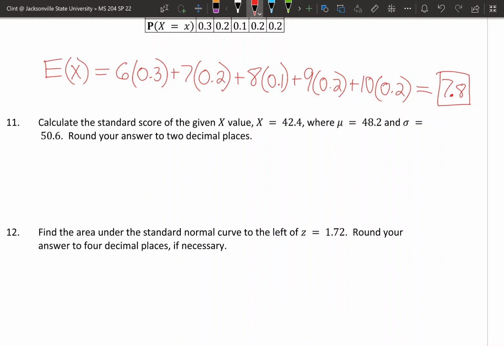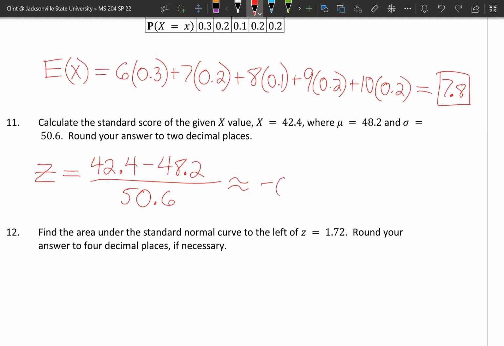Maybe confidence intervals are a little rusty on those. 11 says calculate the standard score, so that's x 42.4 minus mu 48.2 divided by sigma, which is 50.6. This is rounded to 2 places. This one I'm getting negative 0.11.